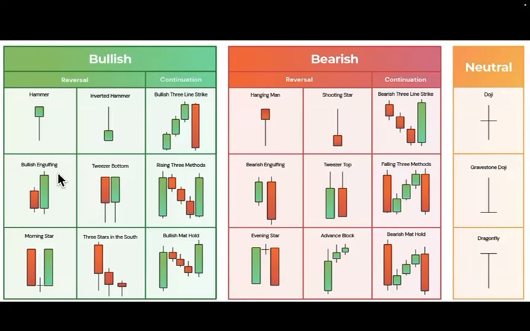So this is a bullish engulfing candle. It's a two candlestick chart pattern, usually found at the bottom of a downtrend, and it signifies a potential reversal.